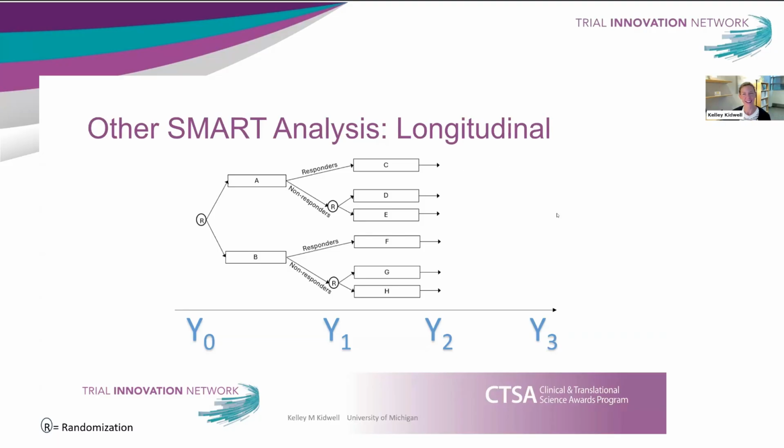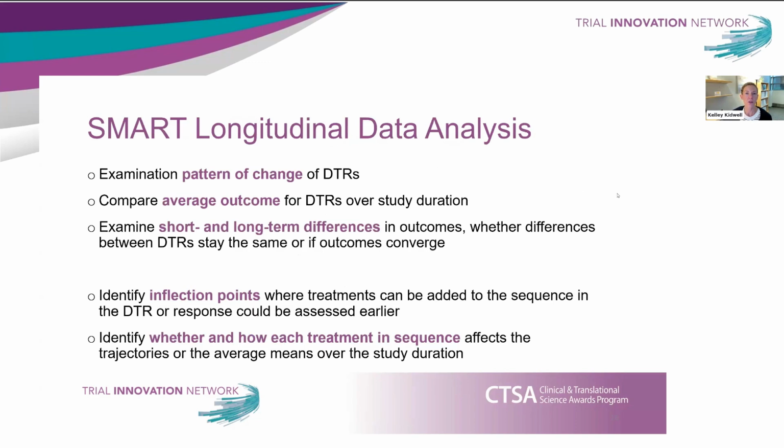Yes, absolutely. Okay. Well, then in that case, we'll continue with, what if we have this longitudinal data? How do we use it in the SMART framework? Just as when you have longitudinal data in a standard clinical trial, there are lots of really interesting estimates and inferences that you can have using that data.